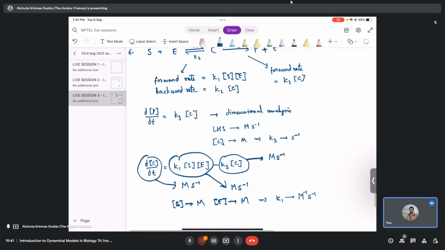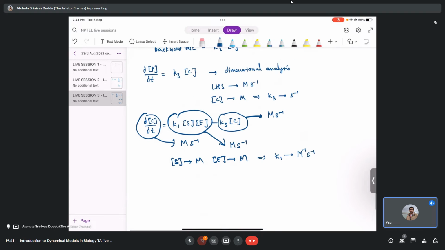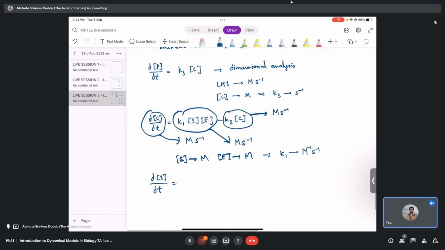the same equation for our substrate. So we write dS/dt equal to, we have the incoming formation of substrate from the complex as a part of the reverse reaction. So we have k2 into C minus k1 into S into E, since that is the forward rate.